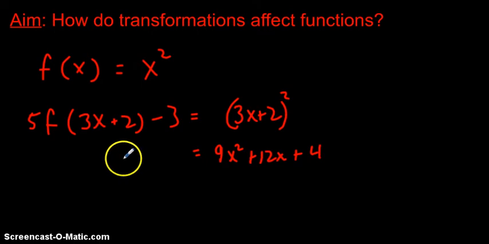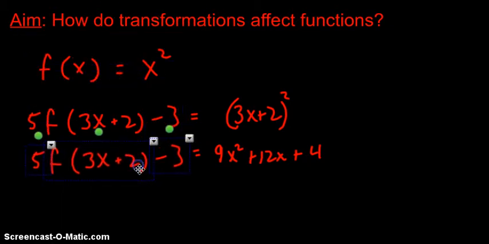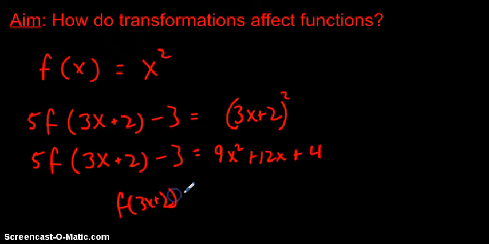So that's this. And that would become f of 3x plus 2 equals, first we'll subtract 3 from both sides, 9x squared plus 12x plus 1 over 5. So that would be the new function in this case, and it would have done a couple of things.